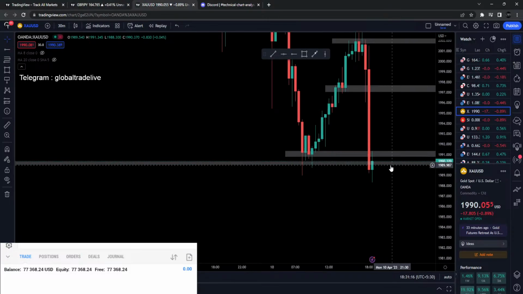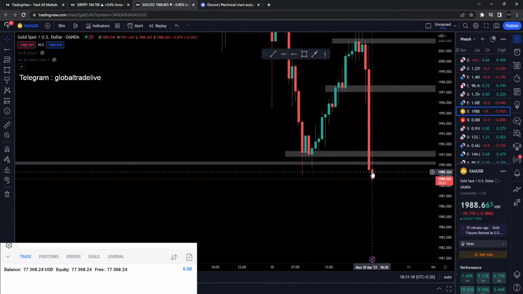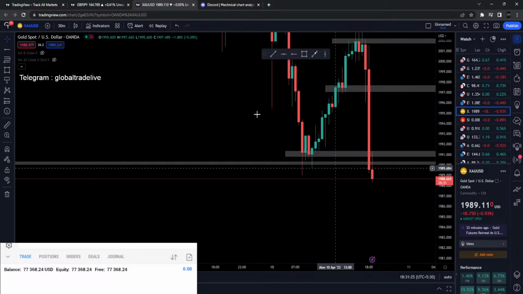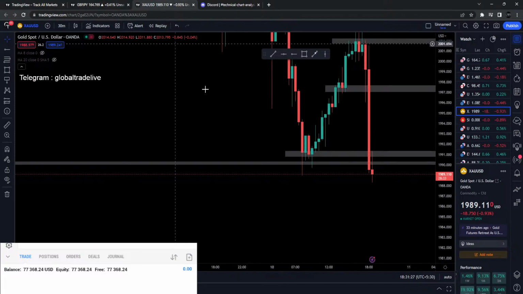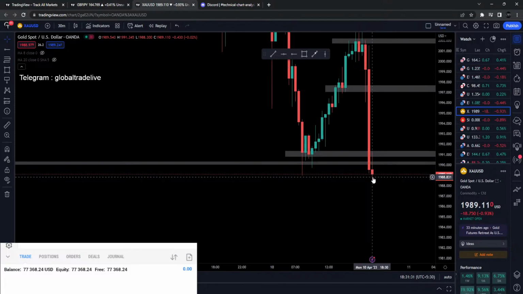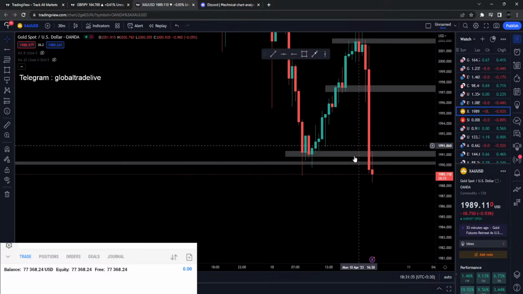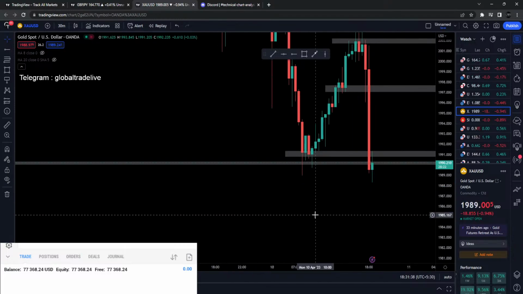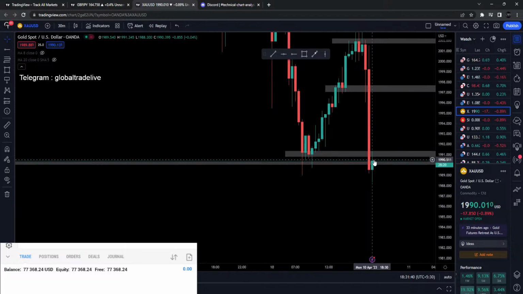Look over here, gold also went down and it went up again. So it's very indecisive right now, because just 1 minute has passed, and in that 1 minute it has gone down, it has gone up. I need something stable over here. See, it again was moving down and rejected the lower ones.